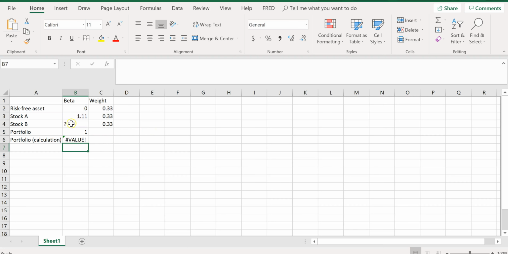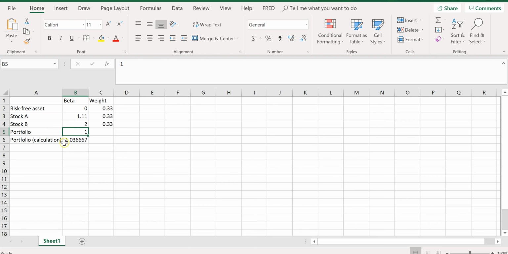Because I use a question mark here, since we don't know this yet, this number will not be calculated. So here I want to do a little trick. I just randomly choose any number, so let me pick 2. I assume stock B has a beta of 2.